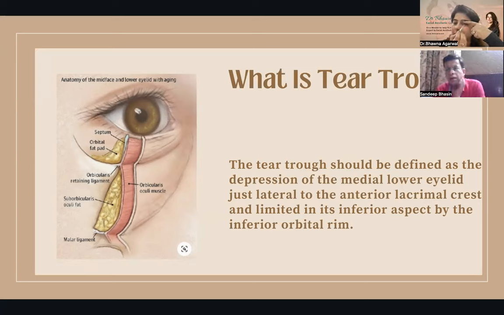Wherever that bulge ends, that point is the orbicularis retaining ligament. So that is limited by the orbital rim.